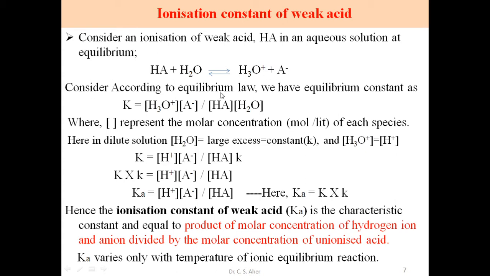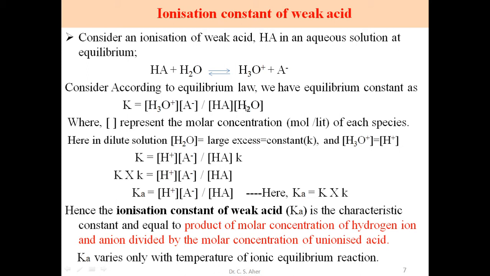According to the equilibrium law, the equilibrium constant K is equal to the concentration of hydronium ion times the concentration of A- upon the concentration of undissociated weak acid times the concentration of water.